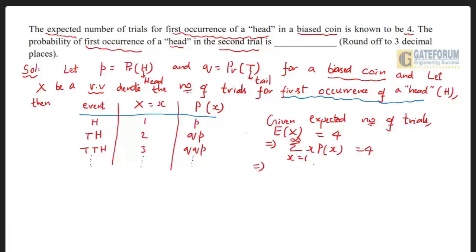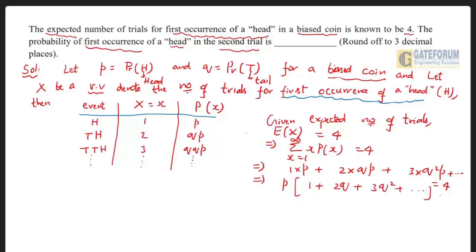So giving 1 by 1 value for X, 1 into P of 1, that is small p, plus 2 into P of 2, Q P, plus 3 into P of 3, Q square P, plus so on. This value given 4. Now in all this, P is common. Take out 1 plus 2Q plus 3Q square plus so on is equal to 4.